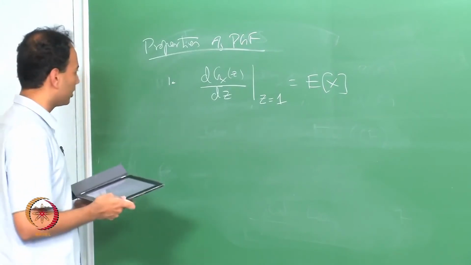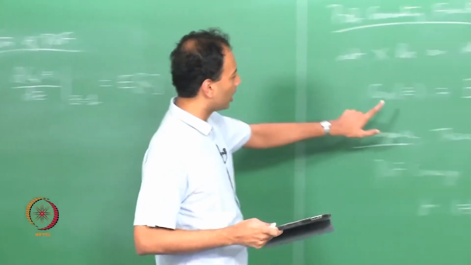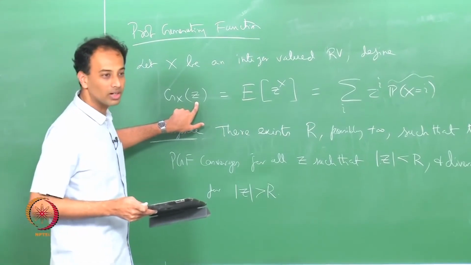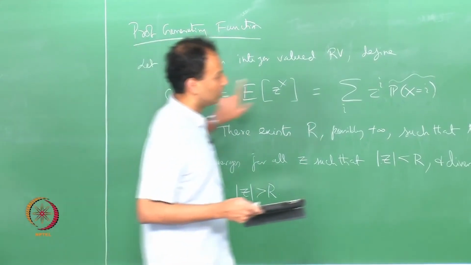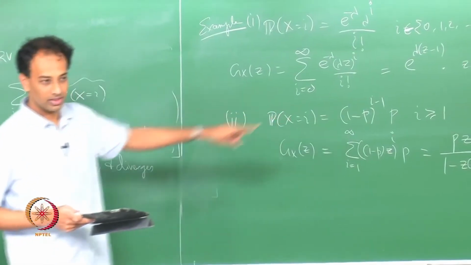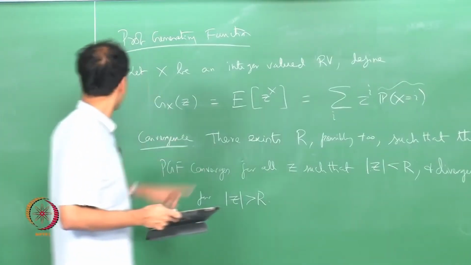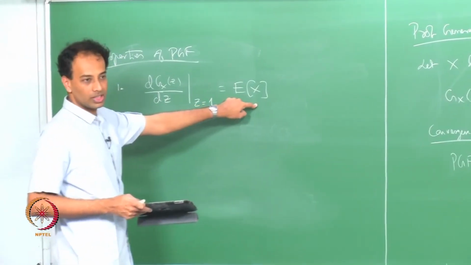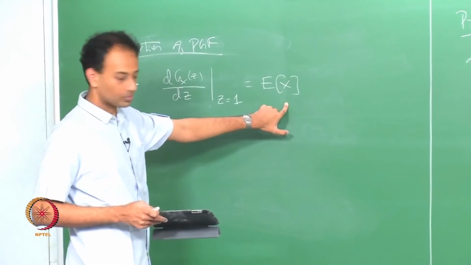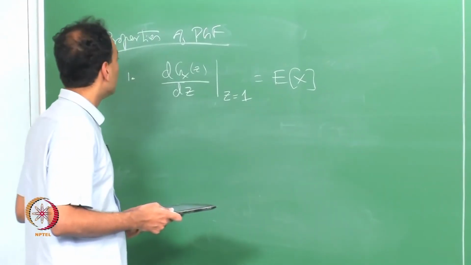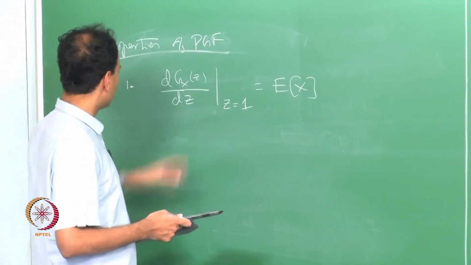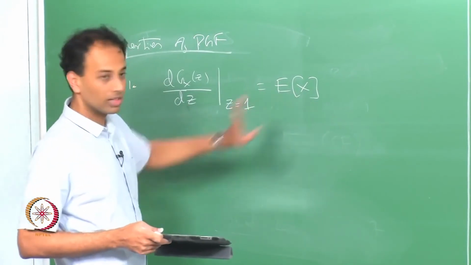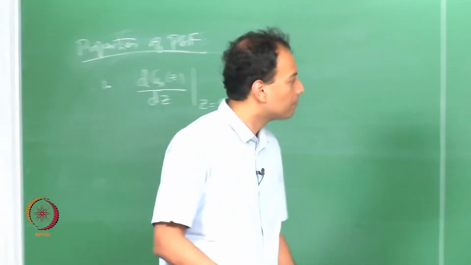So, maybe the property 0 should be that g x of 1 is equal to 1 always, right, you can see in these cases as well, g x of 1 is 1. I am saying that g prime of 1 is equal to the expectation of x. So, if you know the probability mass function, you differentiate it with respect to z and set z equal to 1, you get the expectation of x.